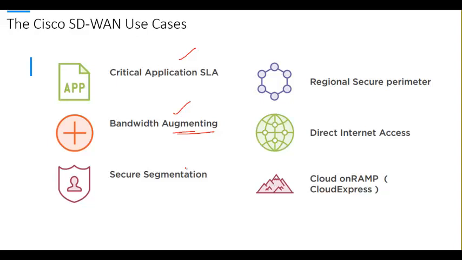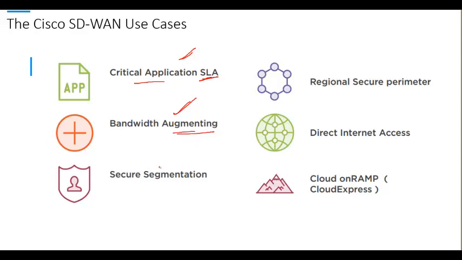More bandwidth. Bandwidth improvement, something like that. So you can have SLAs for critical applications, service level agreement. You can have a special path for some traffic. You can increase the bandwidth.